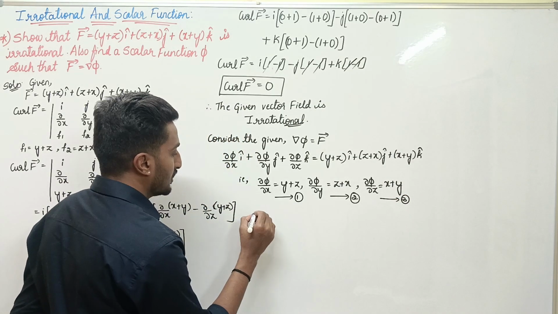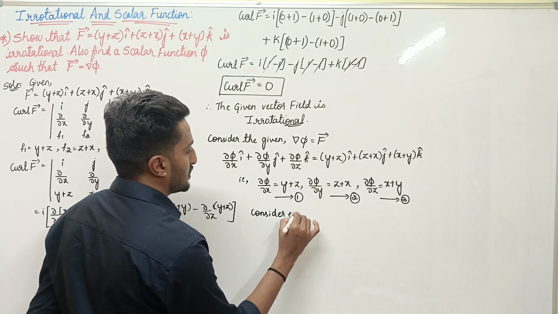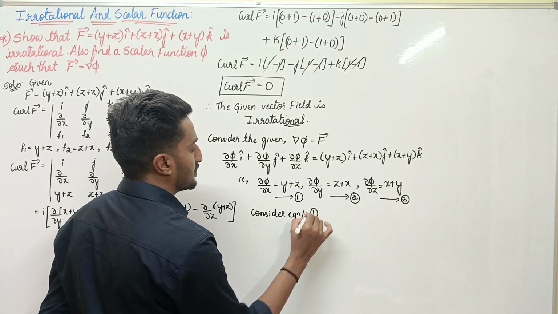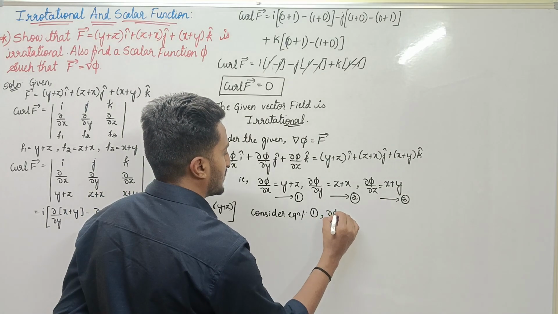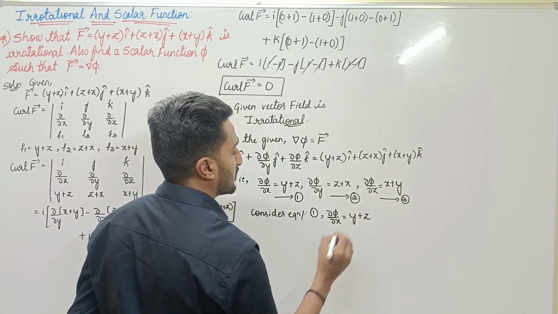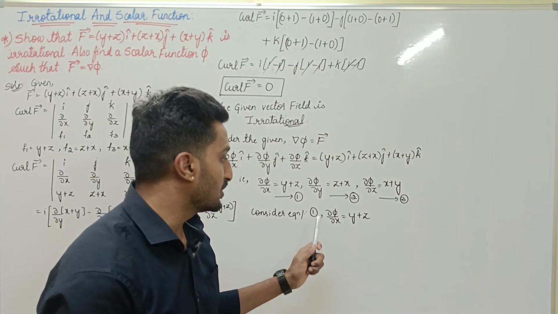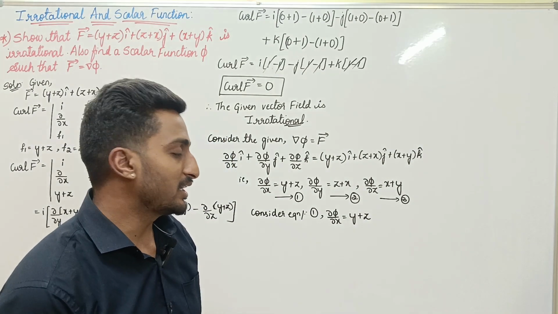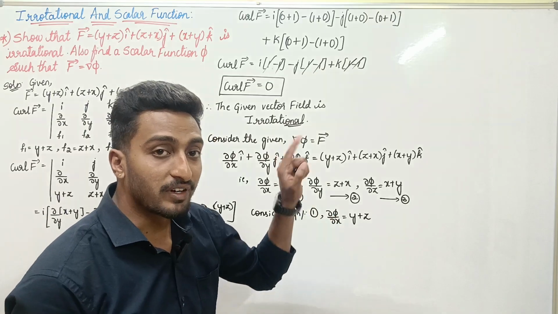Now consider equation number 1: del phi by del x equals y plus z. Now I need the function phi only, so I am going to integrate on both sides. When you integrate, integration and differentiation cancel with respect to x, only the function remains.